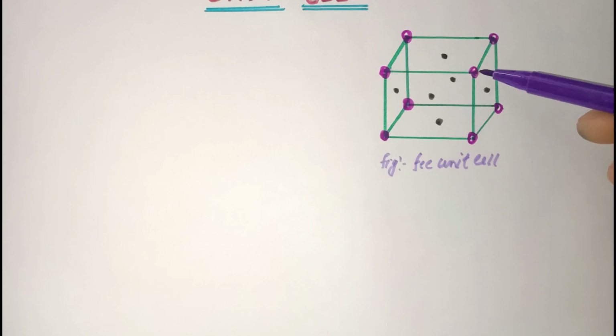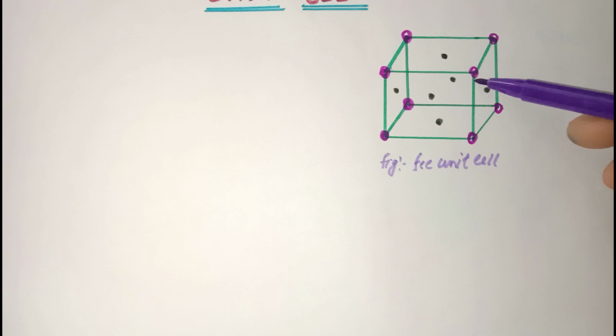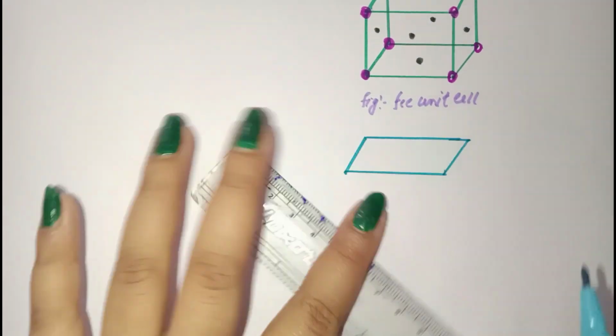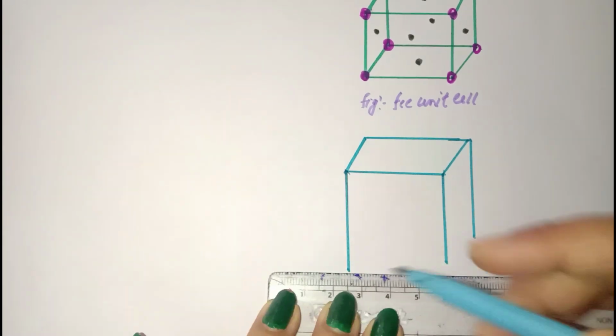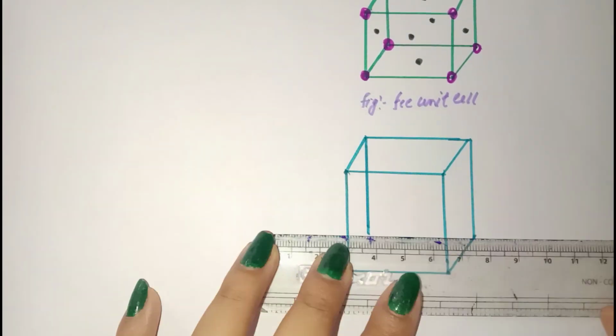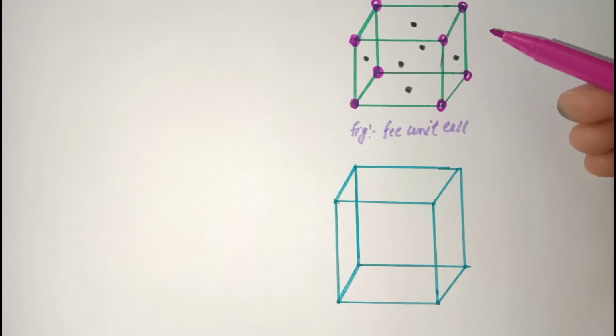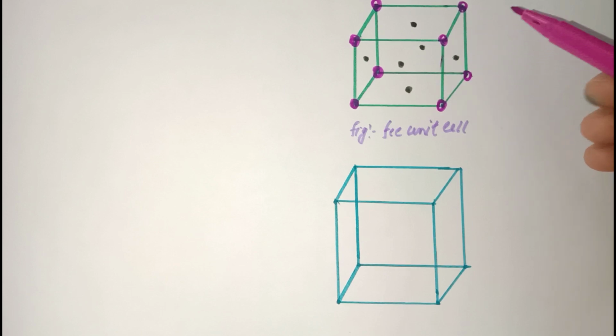Now I am going to draw this corner atom and a face-centered atom like a hard sphere. I am considering this face only to calculate the packing efficiency.